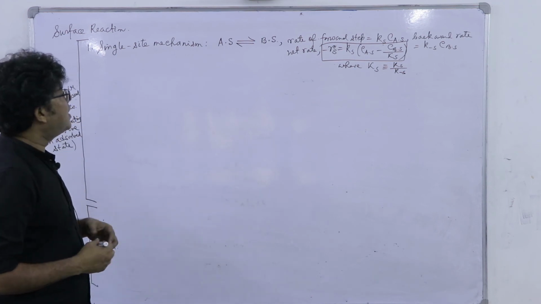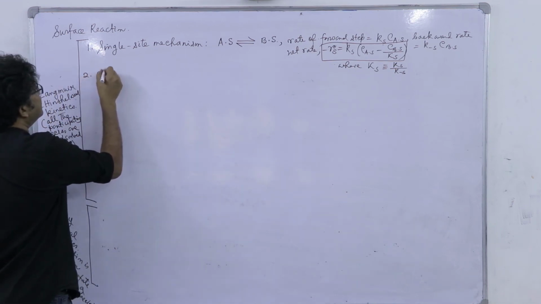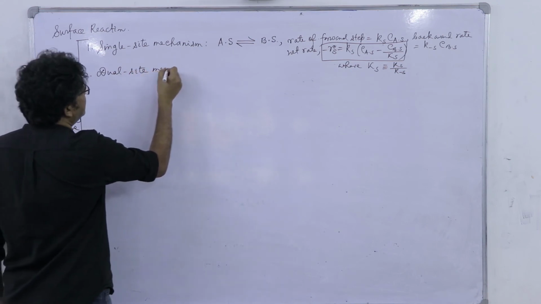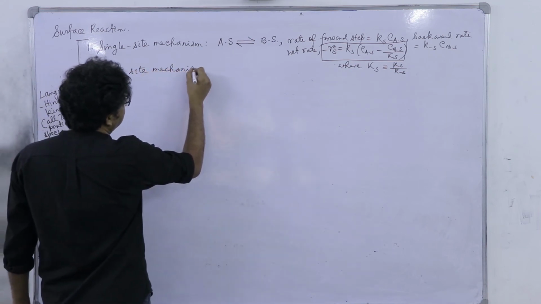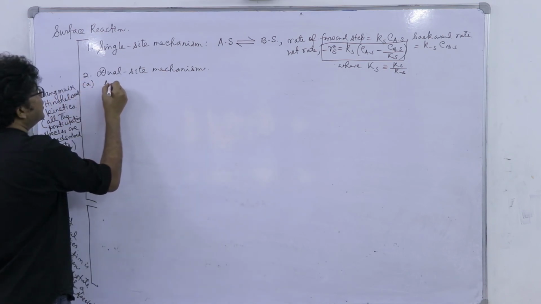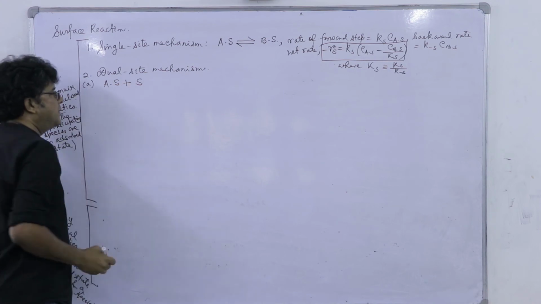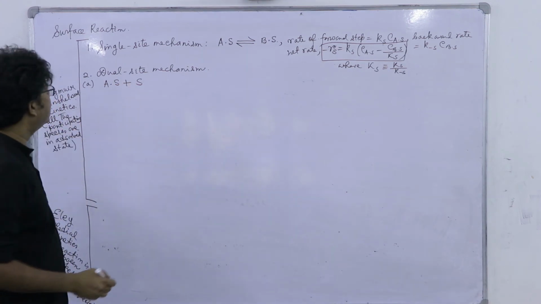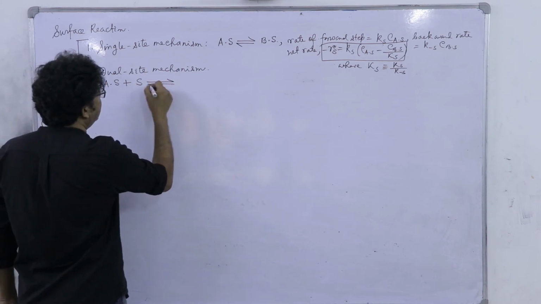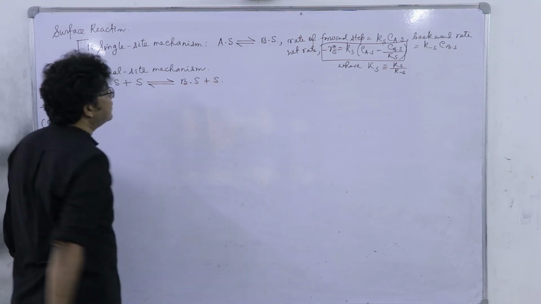The dual site mechanism, what happens? There are different types. First kind is adsorbed state component interacts with a free neighbor active site giving B dot S plus S, right.